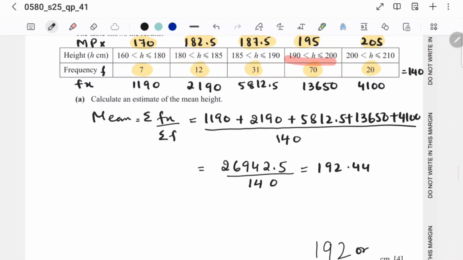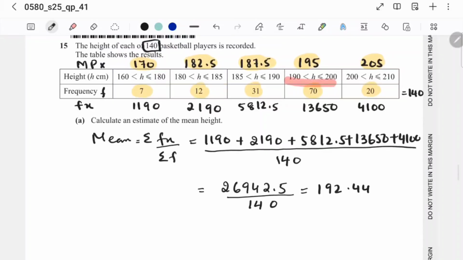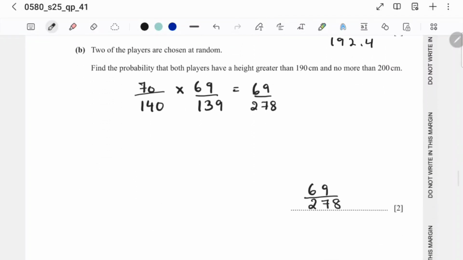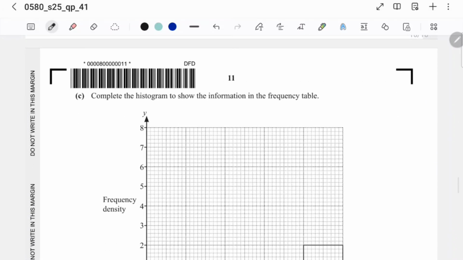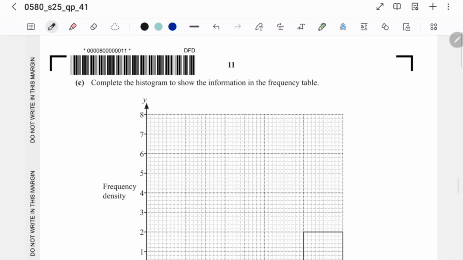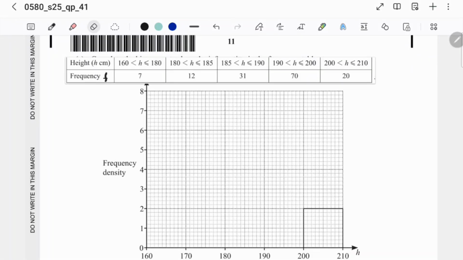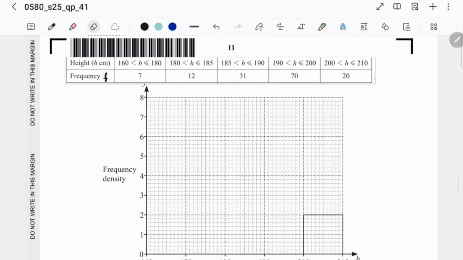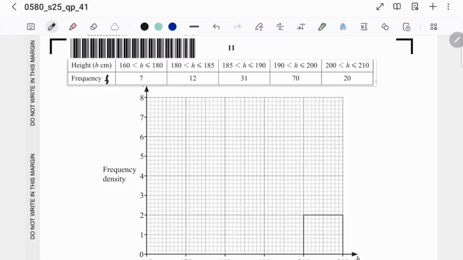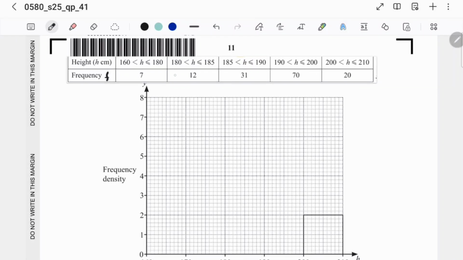I'm just drawing it here. The height is given, which is 7 upon 20. So this is the table. The first one is 160 to 180, and the class width is 20.